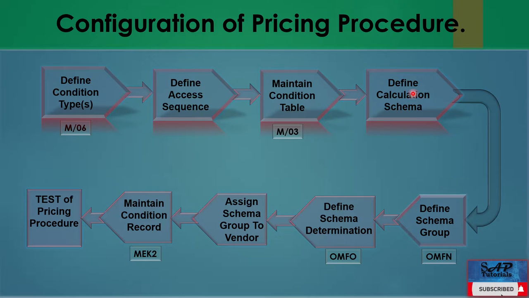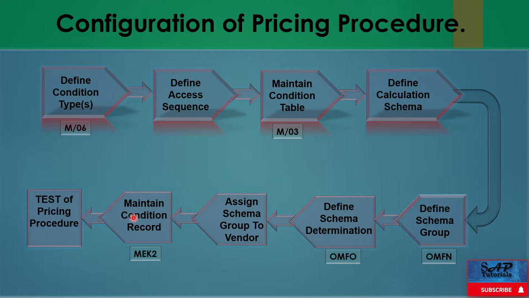Then we club those together, then we create schema groups for vendor and purchasing organization and club them together with the pricing procedure, and we assign that pricing procedure for the document type, where standard purchasing org or so. Then we map that vendor schema into the vendor or supplier, and then the next step is to maintain condition record.